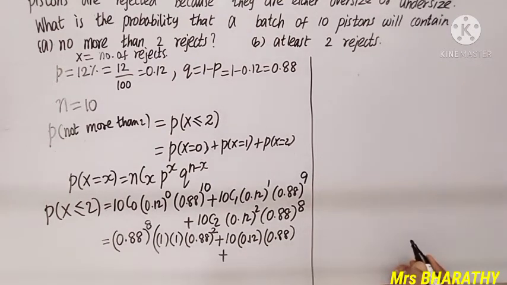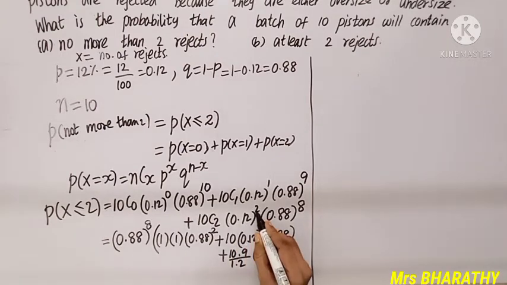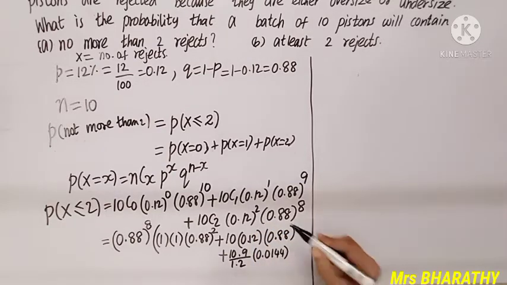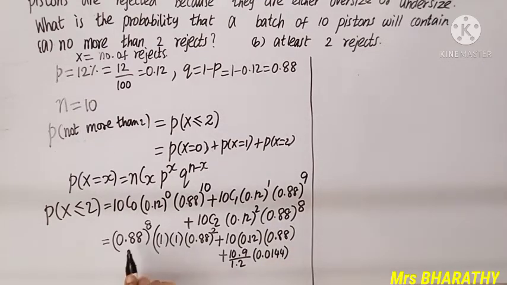Plus 10C2, 10 into 9 by 1 into 2, 0.12 the whole square. Use your calculator. It is 0.0144. 0.88 power 8 is already taken out. So the calculation stops with this.